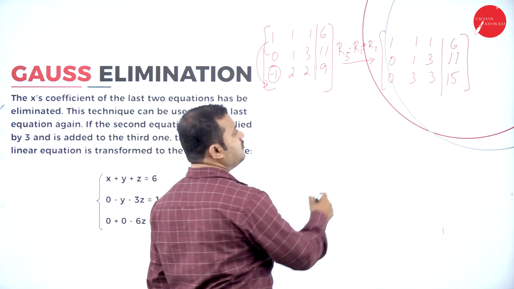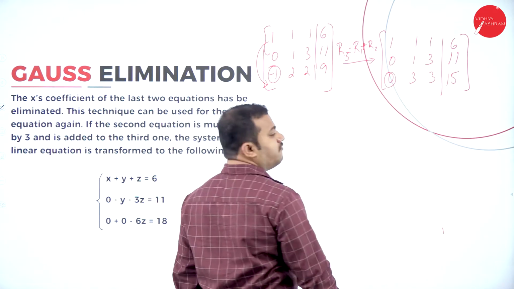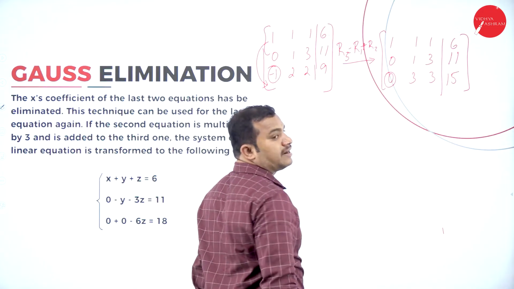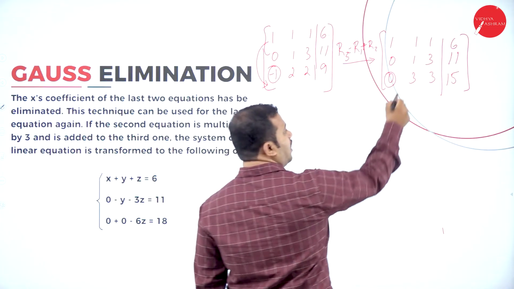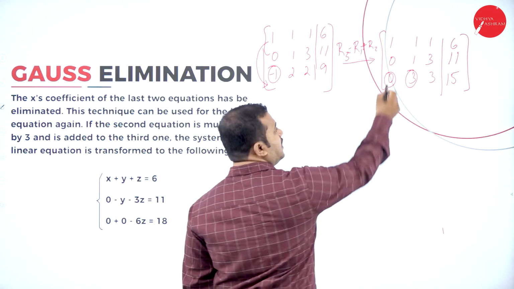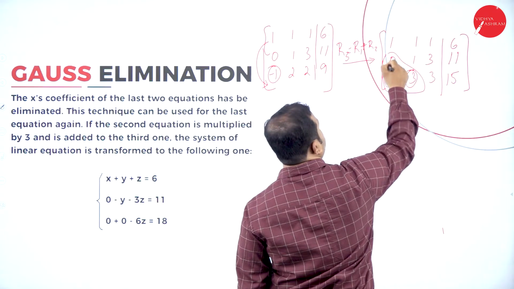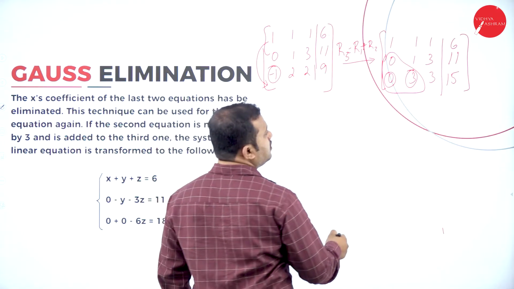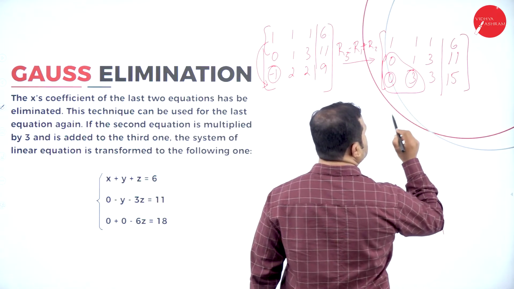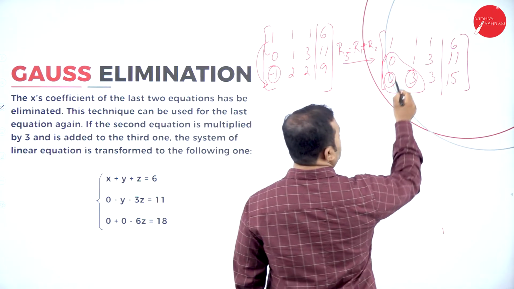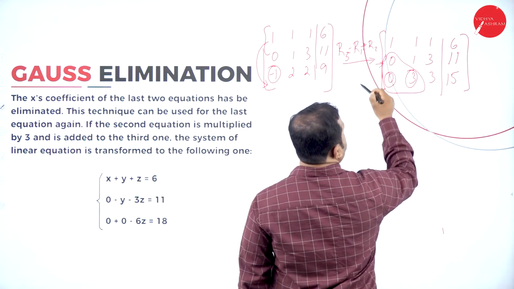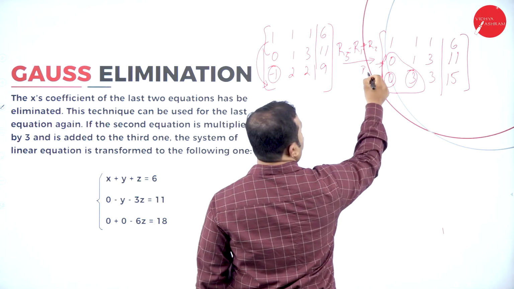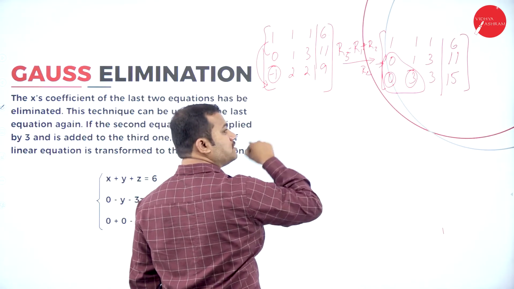Now I have converted the values into zero in the lower triangular matrix, which was the objective. I want to convert this one to 0 so that the entire lower triangular part becomes 0. How can I do that? If I multiply row 2, that is R2, by 3, what happens?